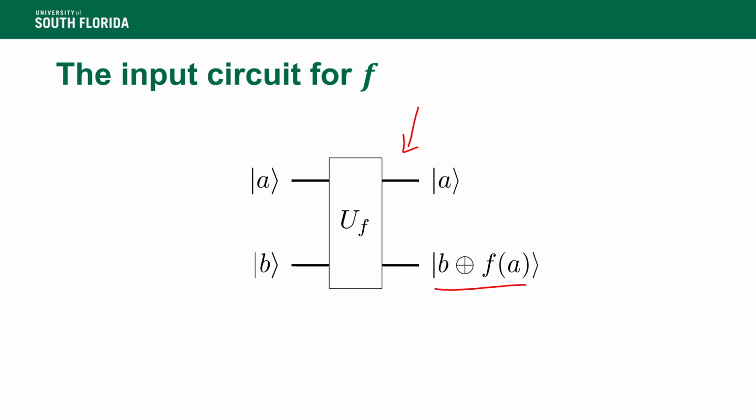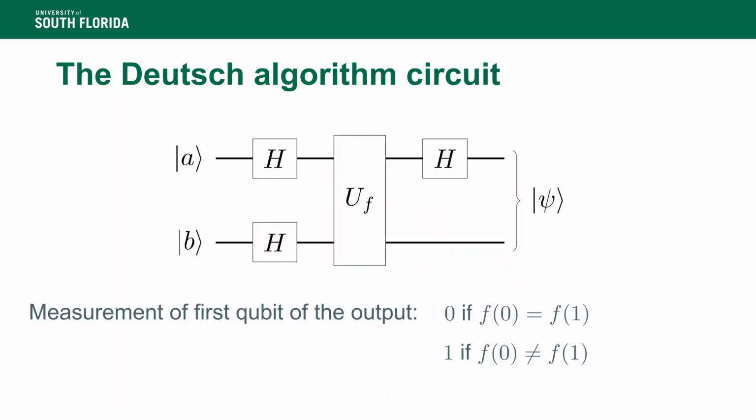So we've seen generic techniques to produce such a circuit from the description of the function f. And when we say evaluations of f, we mean the number of times that this item shows up in the diagram of the quantum circuit. So this is the quantum circuit in question. As you see, this component that evaluates f is only showing up once.